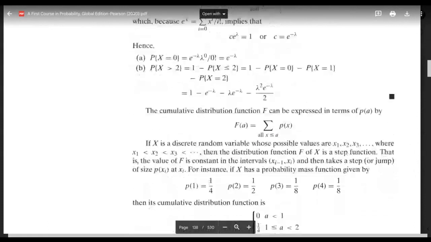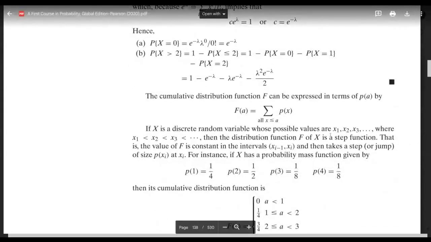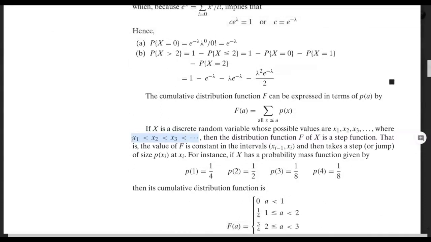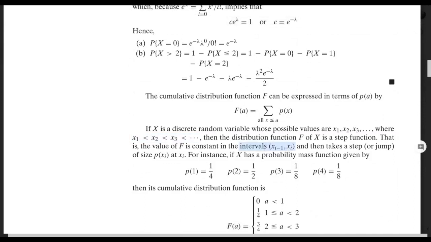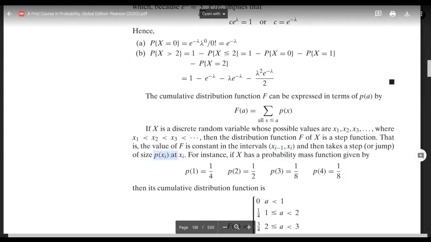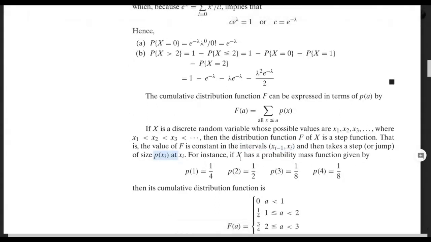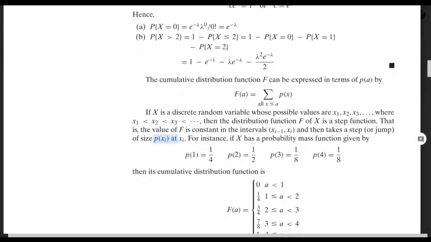If X is a discrete random variable whose possible values are x1, x2, and so on, in sequence, then the distribution function F of X is a step function. That is, the value of F is constant in the intervals, and then takes a step or jump of size to the next level. For instance, if X has a probability mass function given by this, right?